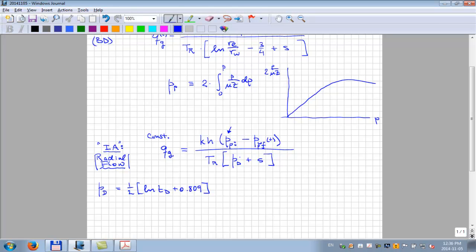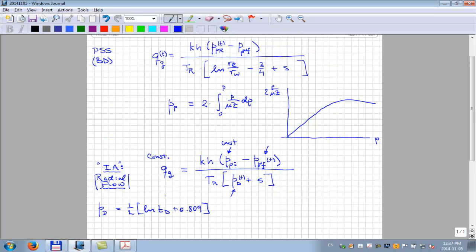So basically you've got, this is a function of time, and this is a function of time. And this is constant now. Okay? In order to get something on the left being constant, you've got the bottom flowing pressure changing with time, and correspondingly on the bottom the dimensionless pressure. So these are equivalent equations, except this is boundary dominated, this is infinite acting. He talks about both of them.